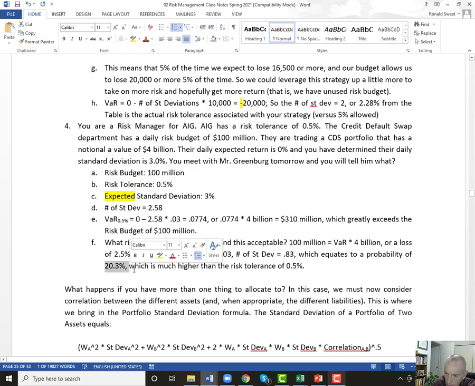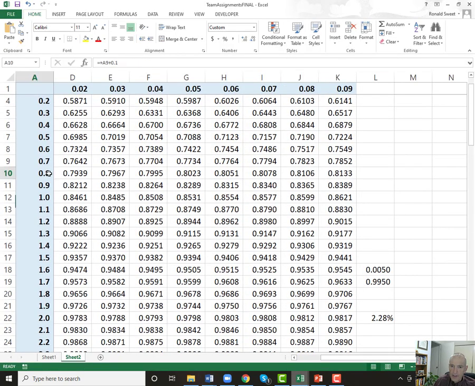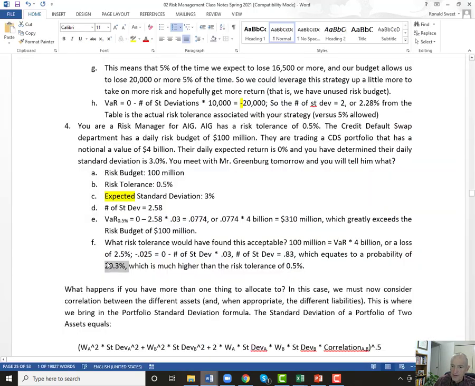So we can go look up 0.83. There it is right there. So we do 1 minus that number, and we get a 20.3% event. So there it is, 20%, way out. I know who's going to have a risk tolerance of 20%. You might as well just go to Vegas and start gambling. It's just a very, very extremely excessive risk tolerance.